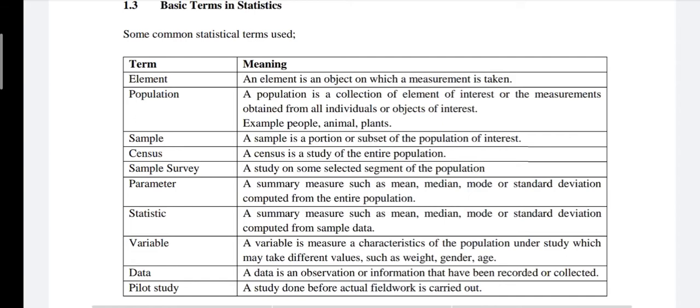Contohnya tadi, let's say yang tadi kan berkenaan dengan we want to know about the student CGPA. So CGPA itu adalah variable. Alright, so contoh lainnya adalah weight. Apa yang you nak kaji, weight or gender or age. Okay, itu benda yang you nak kaji, itu adalah characteristic of interest, itu adalah variable.